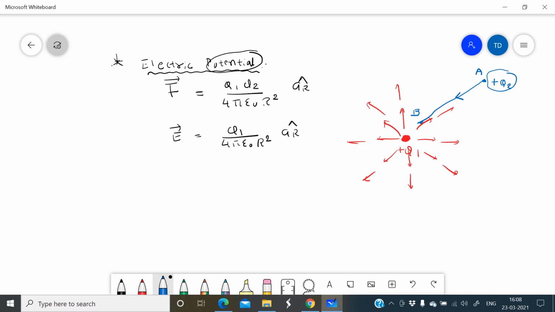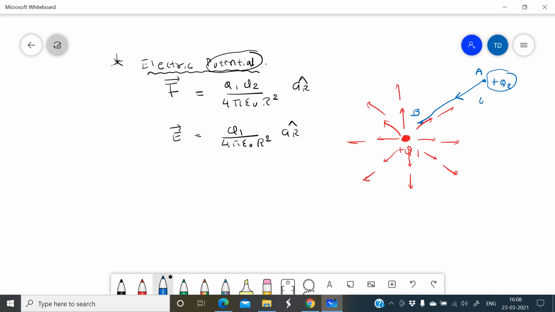So charge q2 needs some energy to move from point a to point b. Why does it need energy? Because it actually does work in the opposite direction of the electric field of the first charge. This is known as potential: the work done by the charge.